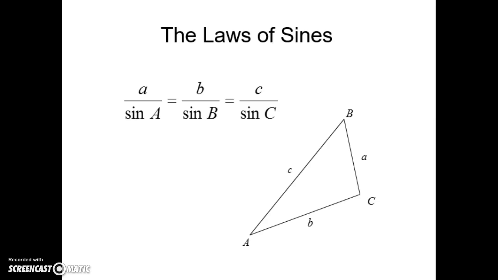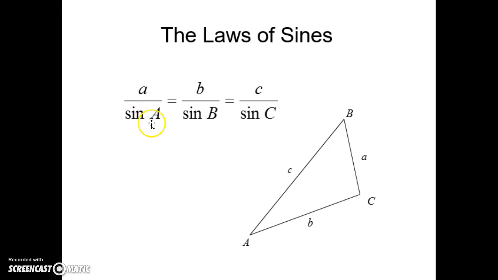It's called the law of sines. It says that the side a, which is the side opposite of angle A, divided by the sine of angle A, will always be equal to the side b divided by the sine of its angle measure, the angle opposite that side. And that's true all the way around the oblique triangle.